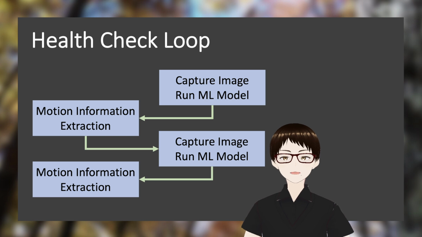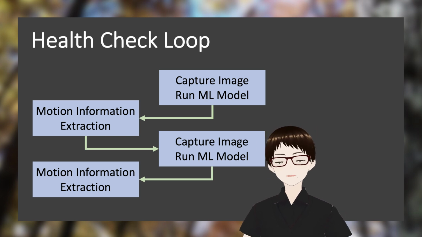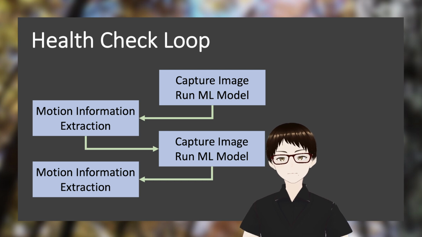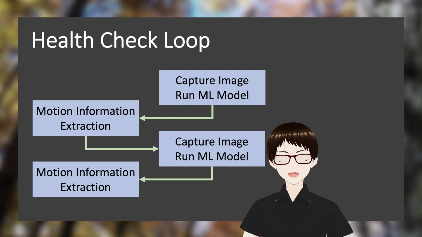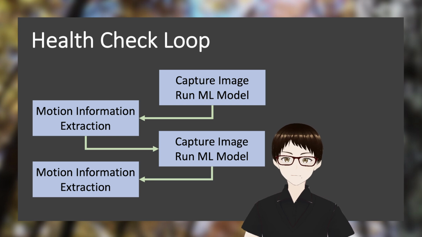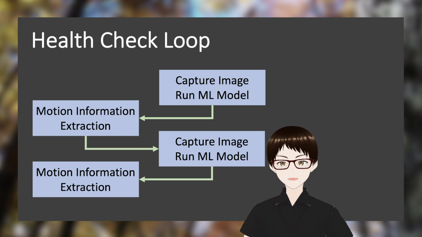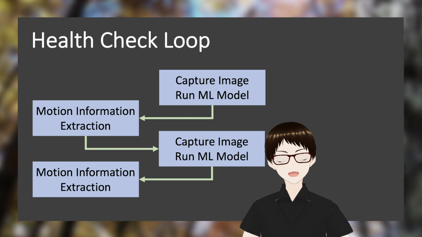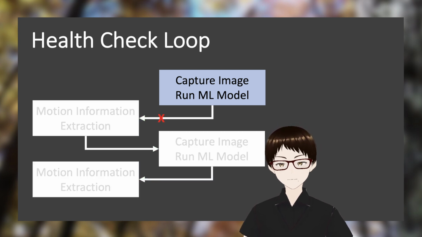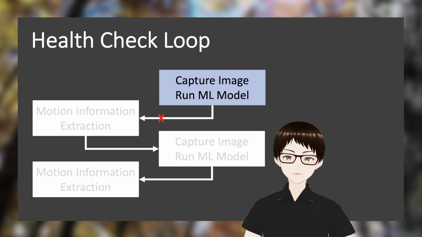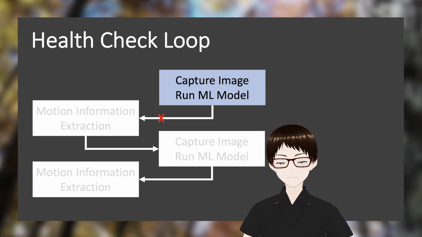Ping, the machine learning processing, and then pong, we extract information, turn that into data that we can use in our 3D model, and we pong it back so that we kickstart another machine learning process. This implementation is troublesome because if anything stops in the middle, the process will stop. It's like dropping the ball in a ping pong game. You have no way to continue to run anything, right?